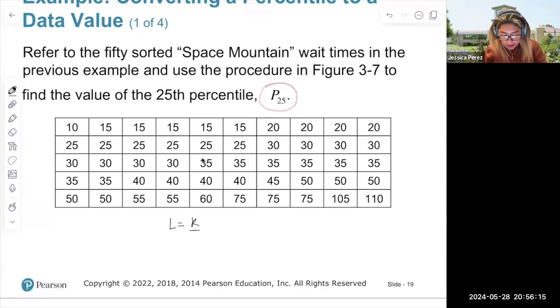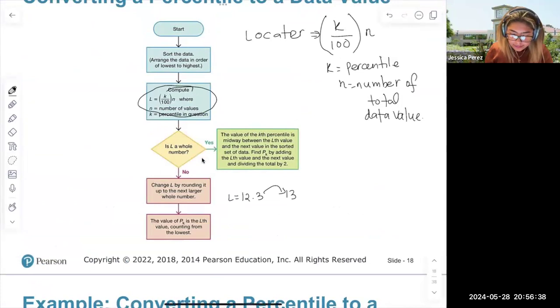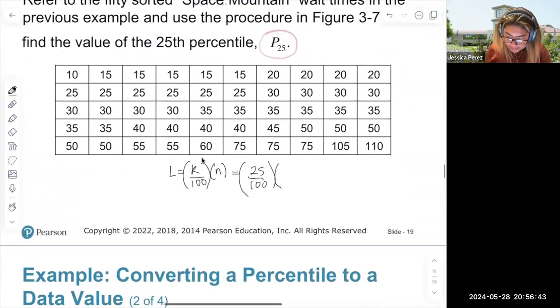For P25, we have K over 100 times N. K is 25 over 100, times N, and N is 50. We simplify this: 50 and 100 give 25 over 2. This is 12.5, which we round up to 13.